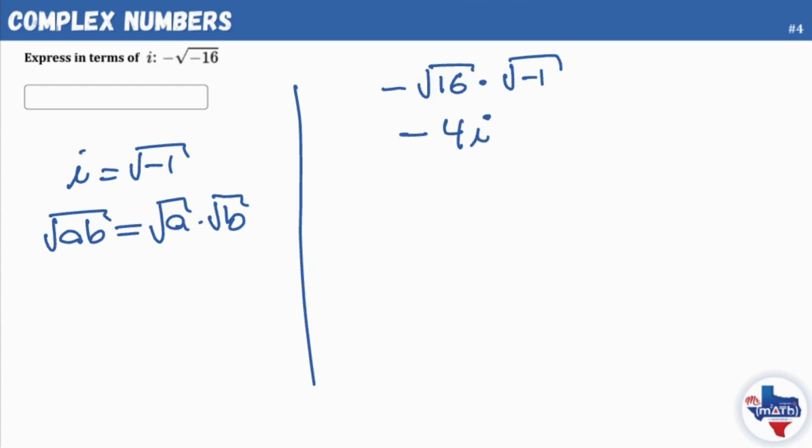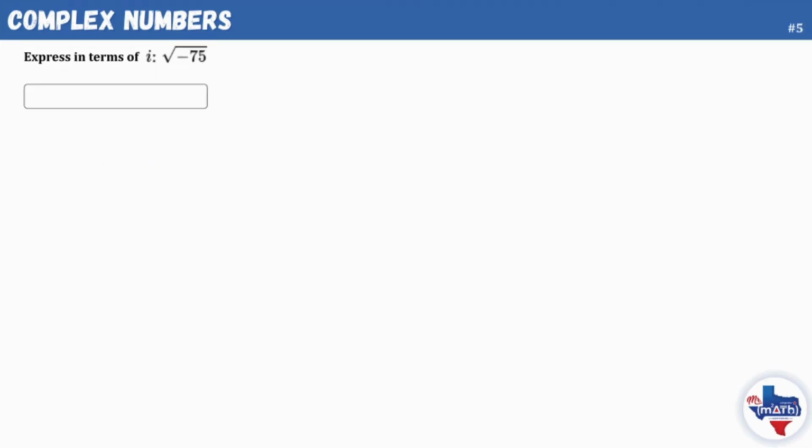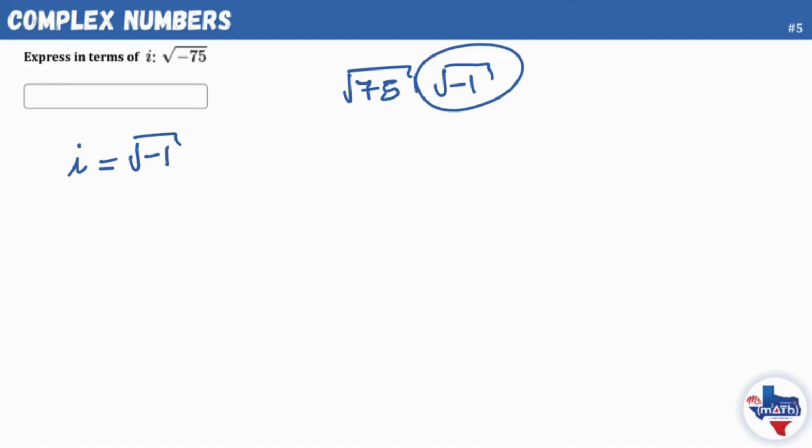All right, let's check another problem. Okay, in this case, we have the root of -75. Just a friendly reminder, i is equal to the root of -1. So we will have root of 75 times root of -1. And we know that this root of -1 is just i, correct?